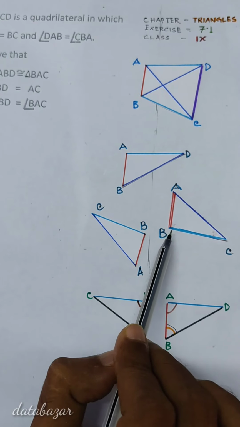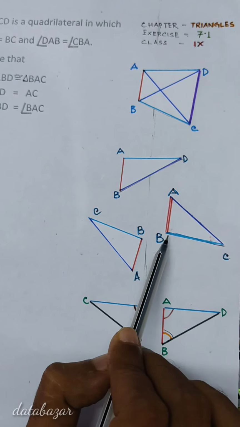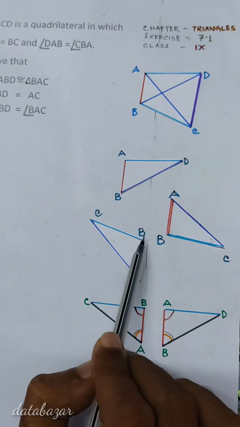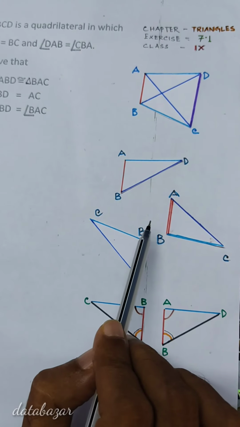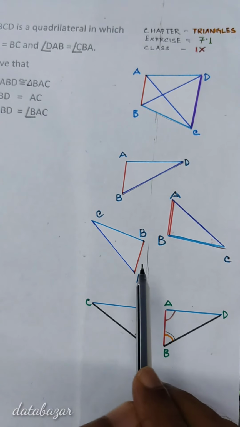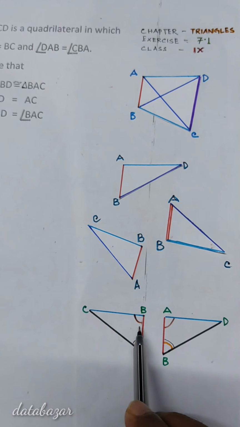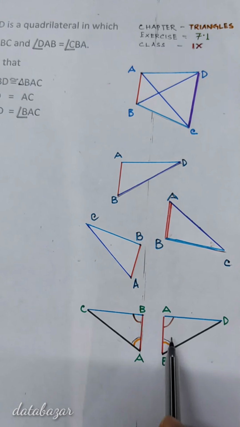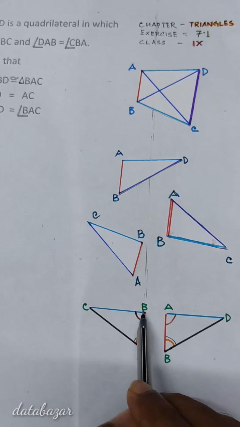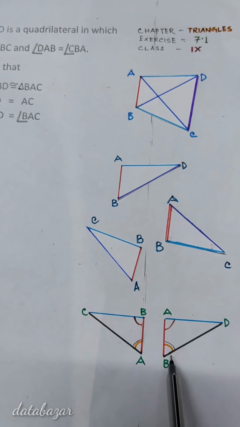If I put this triangle BAC upside down, that is, with point B on the top, it will appear somewhat like that. Now to make the question simpler, let me put the two triangles side by side. Here is the triangle BAC and here is the triangle ABD.